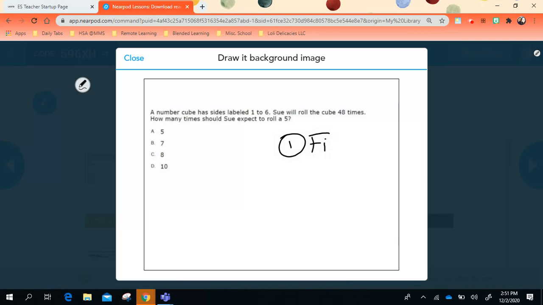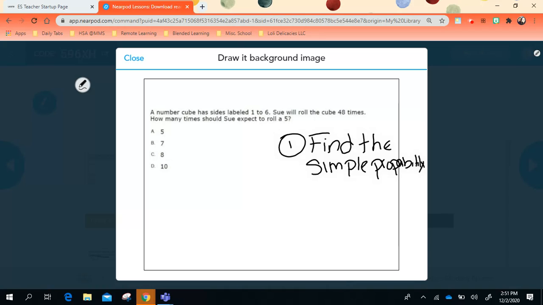All we want to start off by doing is find the simple probability. That is our first step. We want to figure out what is the probability of rolling a 5 on a number cube. That's all I want to do first.